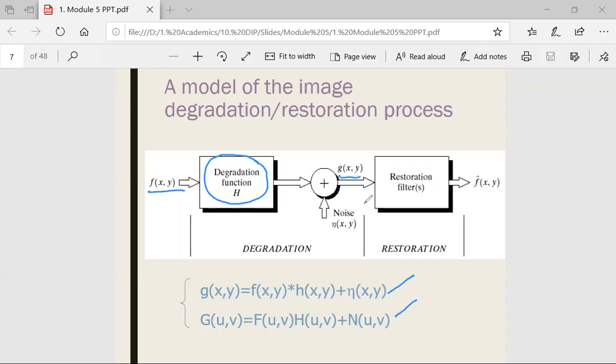There you add the noise, and to restore the original image, the restored image is called f cap of x comma y. So the process up to here is degradation and from here it is restoration. Two processes we're going to do.